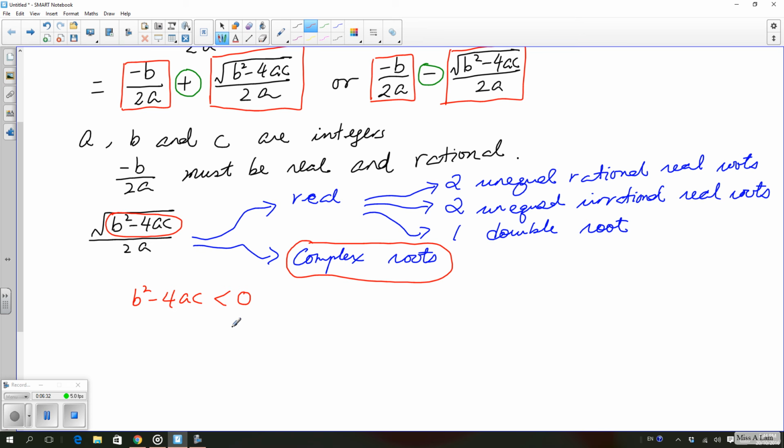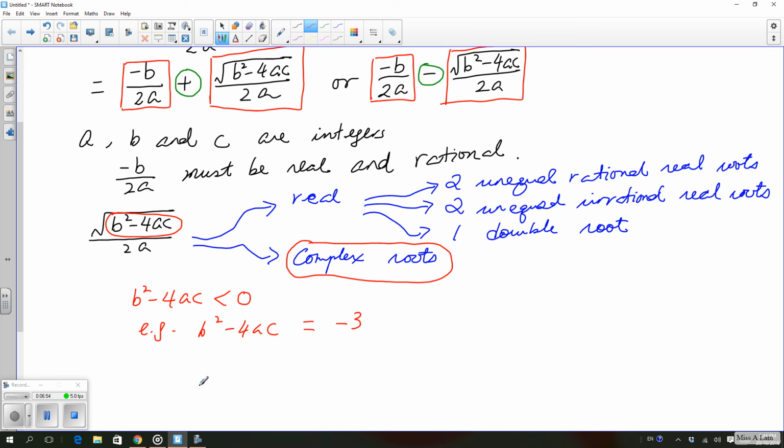Now, in this case, let me take a particular value so that you can understand easily. For example, say b squared minus 4ac equals minus 3.